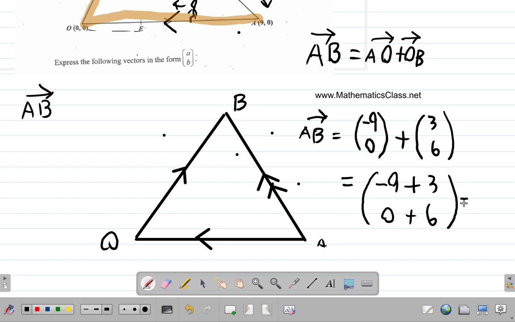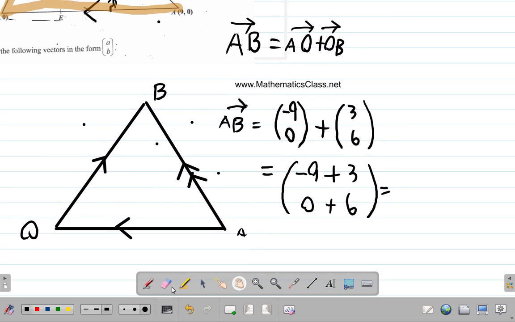Then, here, this will give you the same thing as -9 plus 3 is -6. 0 plus 6 is 6.